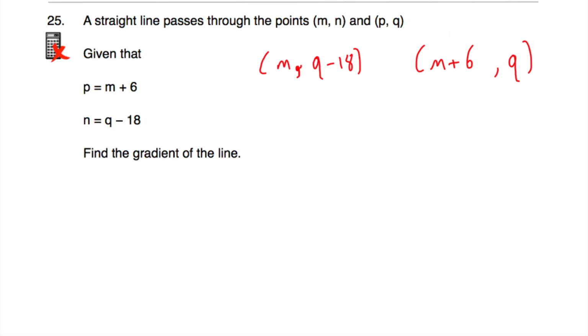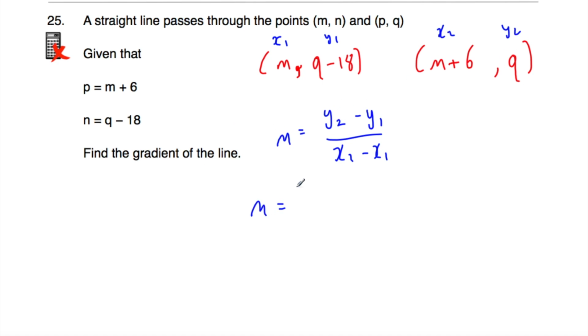Okay, now what I'm going to do is use the formula. So I'm going to call this point x1, y1, and this point x2, y2. Okay, so remember the gradient m is equal to y2 minus y1 over x2 minus x1. So m, the gradient, well, that's what we're trying to find. M, the gradient, is equal to y2.